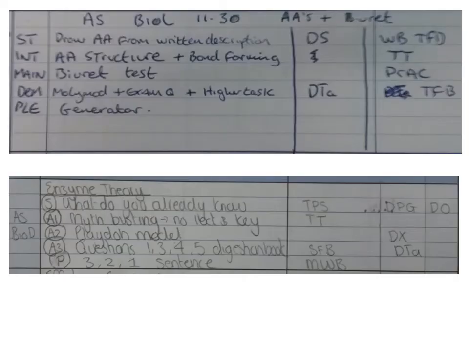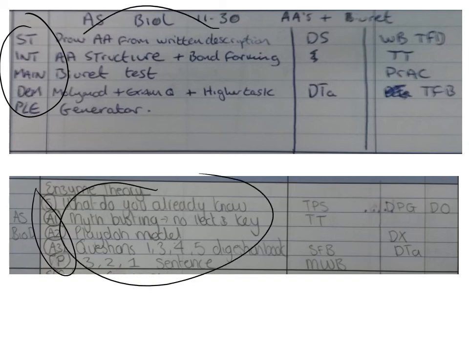Just two quick examples taken from people's planners last year. As you can see down the left hand side, there are the stages of the learning cycle mentioned, then some quick notes as to what those stages would look like, just to keep the member of staff on track.